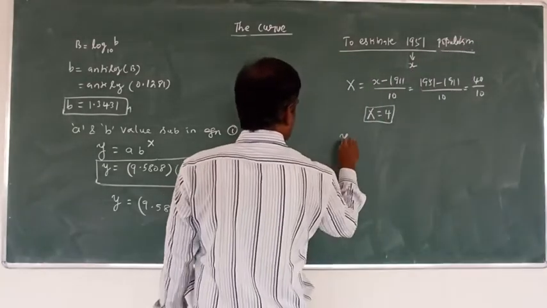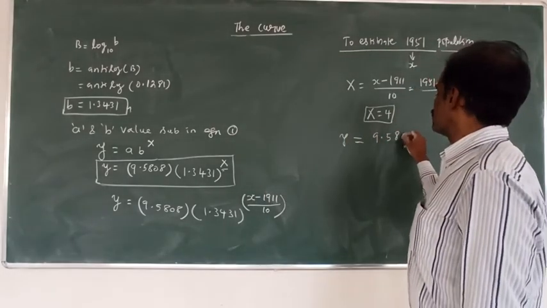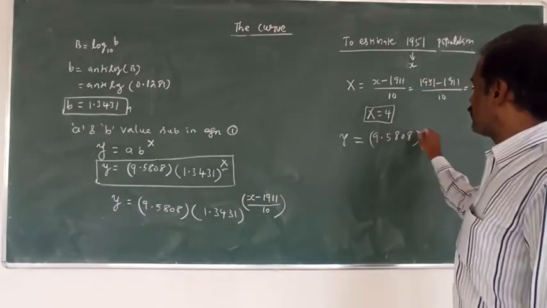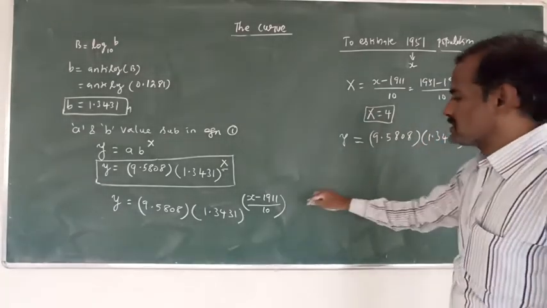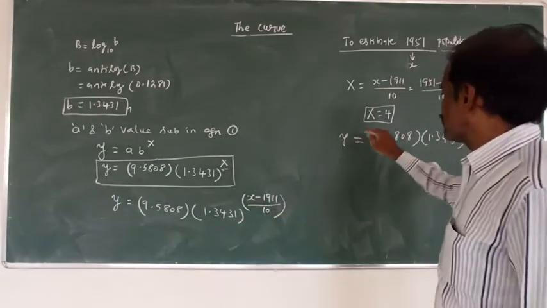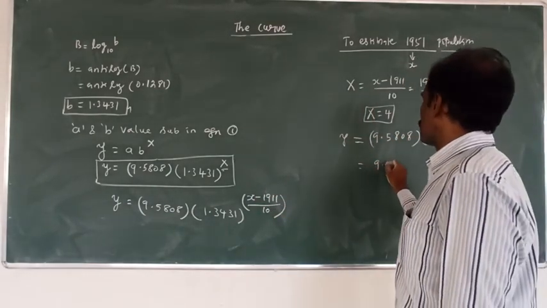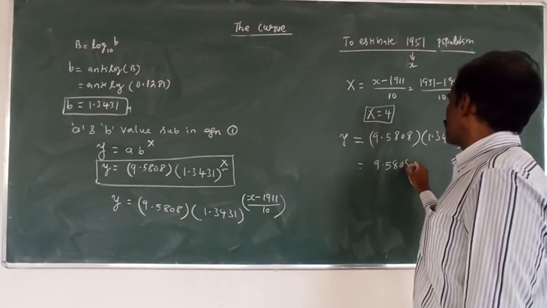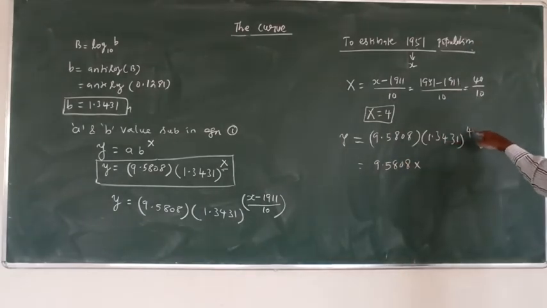Here y is equal to 9.5808 and 1.3431. In simplification, the result for 4: equal to 9.5808 into 1.3431 power 4.